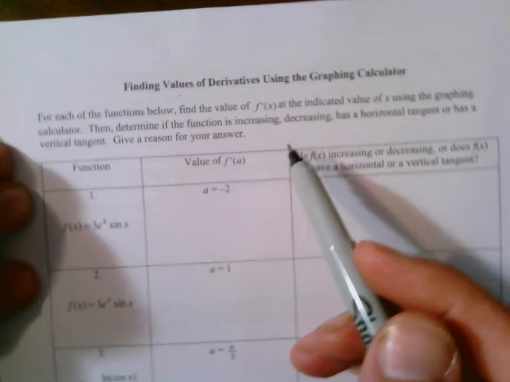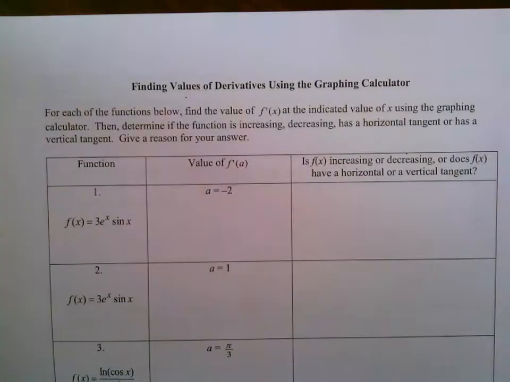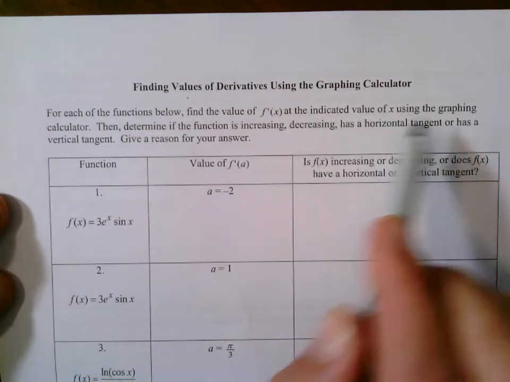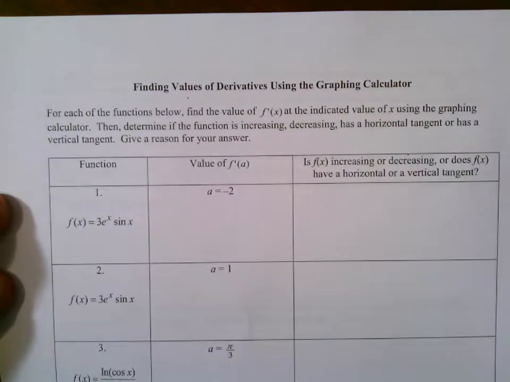A good way to check your work in your homework: do not become dependent on your graphing calculator. But here is finding derivatives with the graphing calculator. So, what's it want us to do? Find f prime at the indicated value of x, then determine increasing, decreasing, horizontal tangent, or vertical tangent.